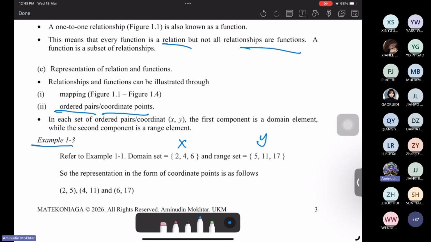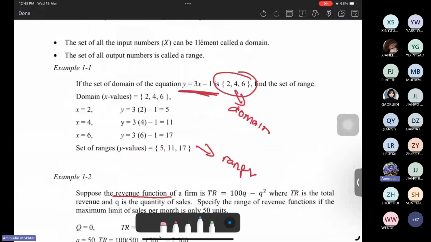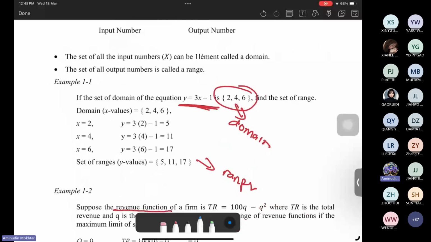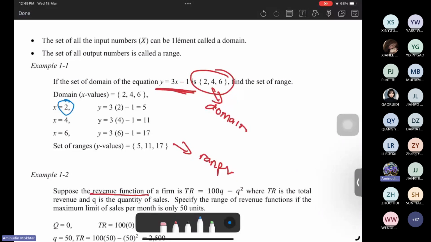There is a connection between x and y: x is 2, y is 5; x is 4, y is 11; x is 6, y is 70. One input produces one output.